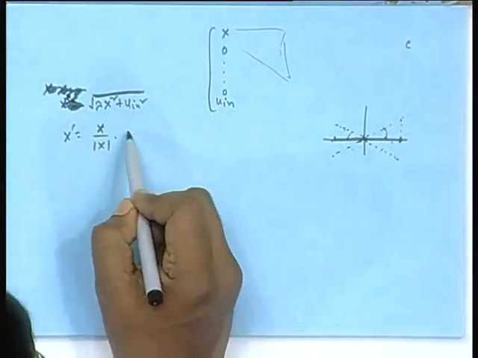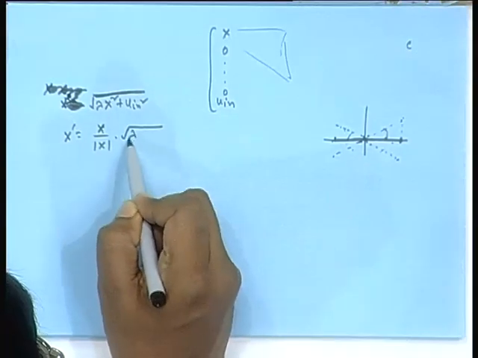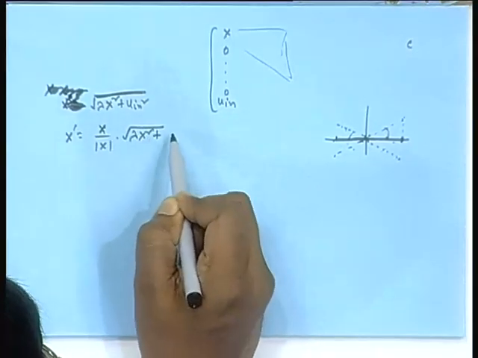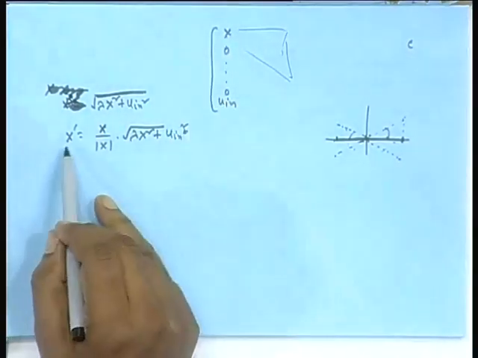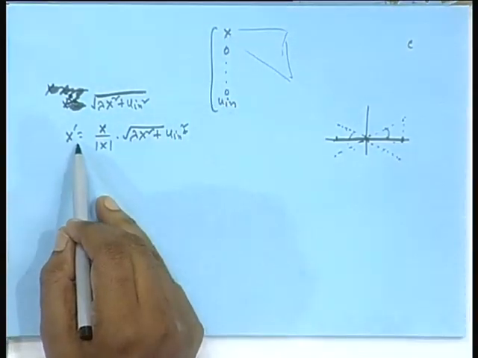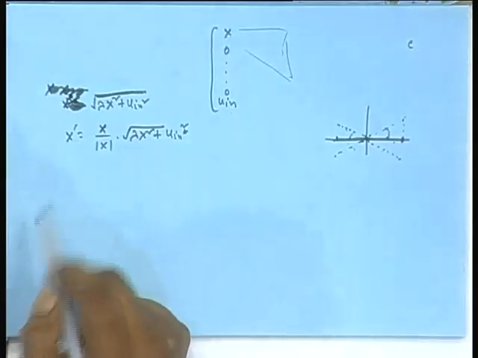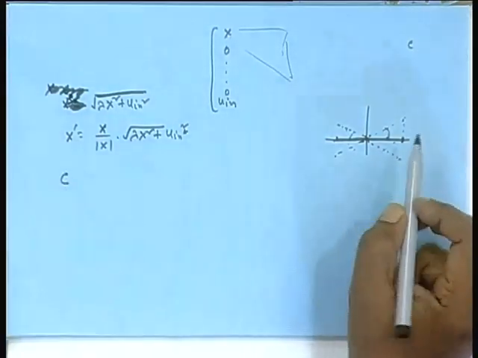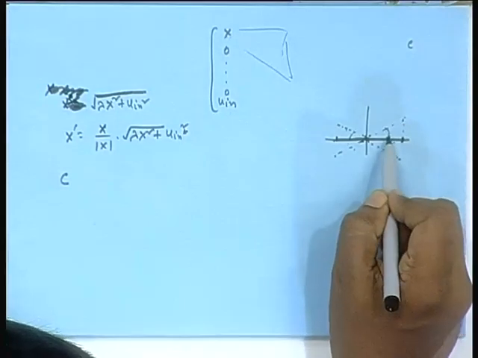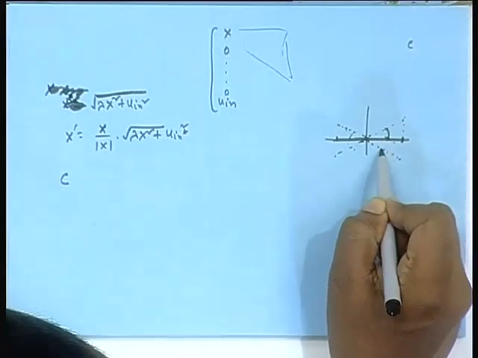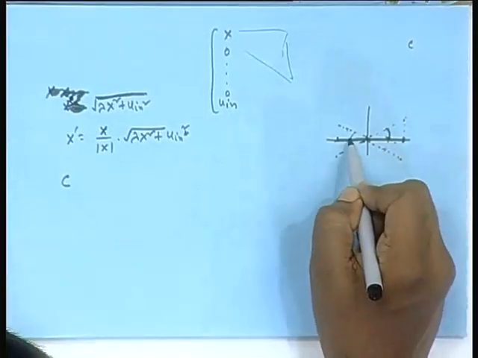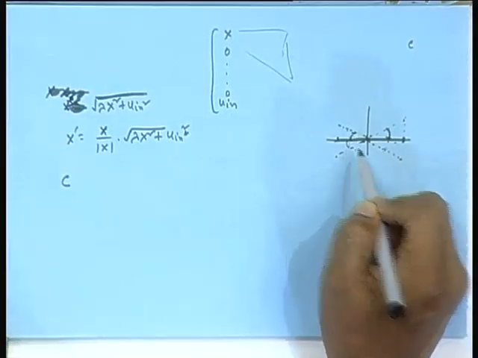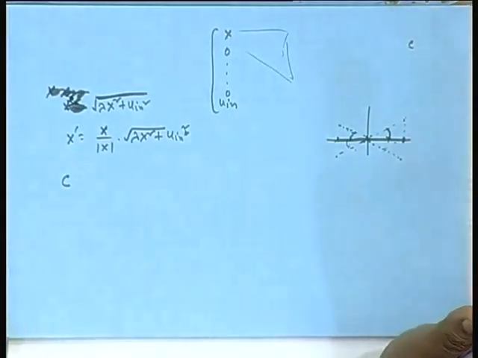So, what was earlier x will be replaced by this fellow. Now, C, now S. C is, if you are rotating this way or rotating this way, or if you are rotating this way or this way, C is always positive. Isn't it?